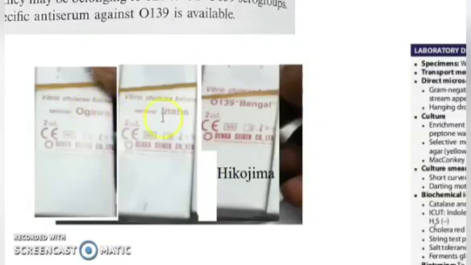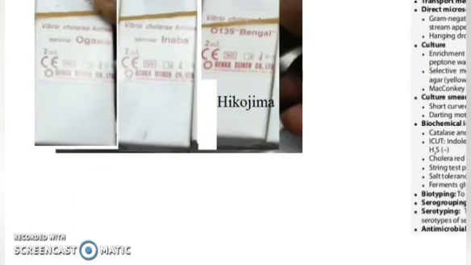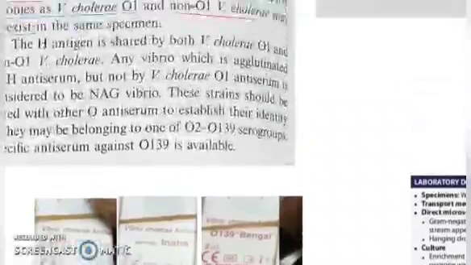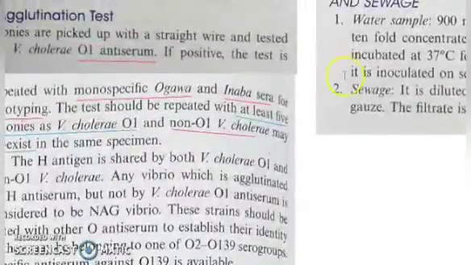Look at this diagram. You have three things: Ogawa, Inaba, and Hikojima. We want to differentiate which serotype of cholera this is: Ogawa, Inaba, or Hikojima. For that, you will use serological serotyping, so you will use the agglutination test.